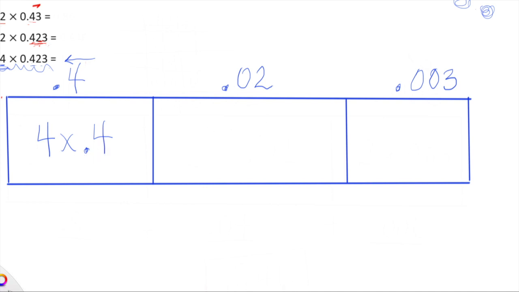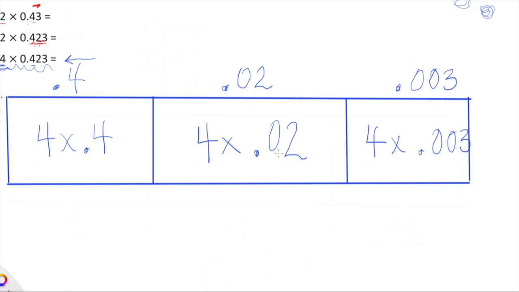Second expression is going to be 4 copies of, that's right, 2 hundredths. Finally, we have 4 copies of 3 thousandths. Please make sure that you have completed one of these problems with me along in your math notebook.